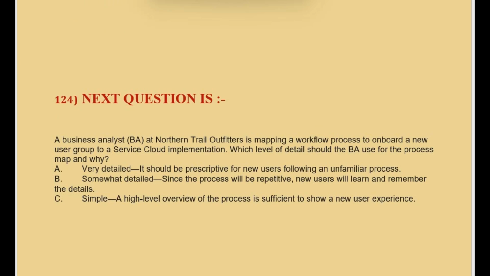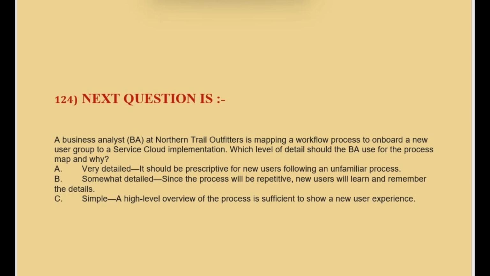Question is a business analyst (BA) at Northern Trial Outfitters is mapping a workflow process to onboard a new user group to a Service Cloud implementation. Which level of detail should the BA use for the process map and why? Option A, very detailed. It should be prescriptive for new users following an unfamiliar process.